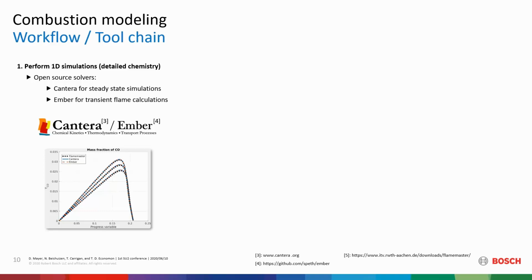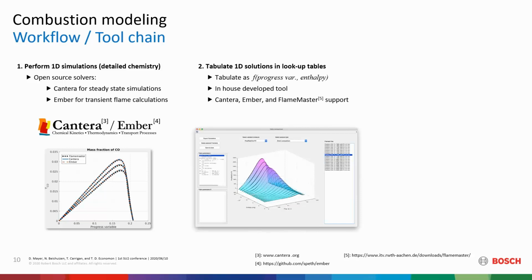The tools that we use in these simulations are shown here. First we perform 1D simulations with the detailed chemistry model, and we use two open source solvers. We use Cantera for steady state simulations and Ember for transient flame calculations. The tabulation is done in an in-house tool, and besides Cantera and Ember, we also support FlameMaster files.